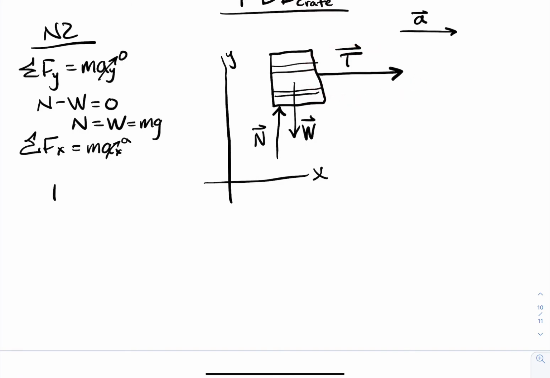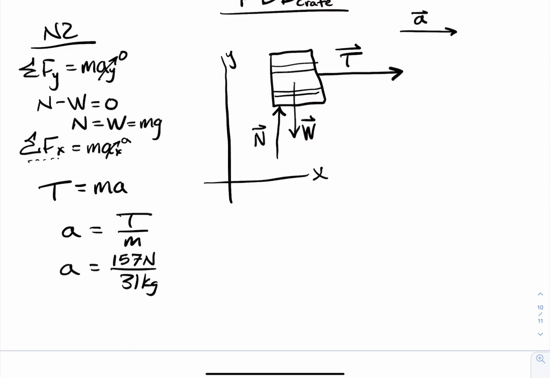So I can say tension is the sum of our forces. There's only one, and it equals ma. Now I can solve for A. A must be T over m. That means A is 157 newtons divided by 31 kilograms, and so A will equal 5.06 meters per second squared.